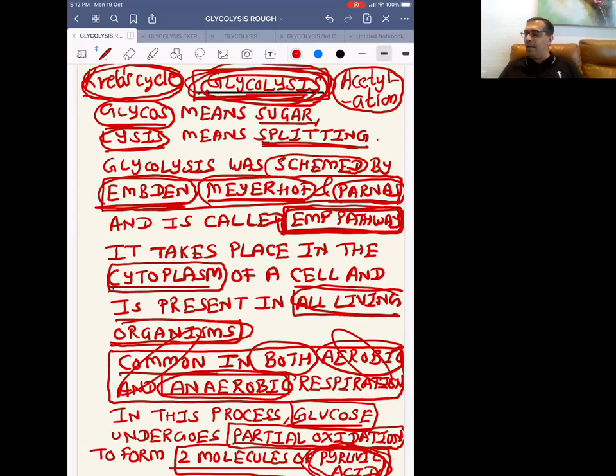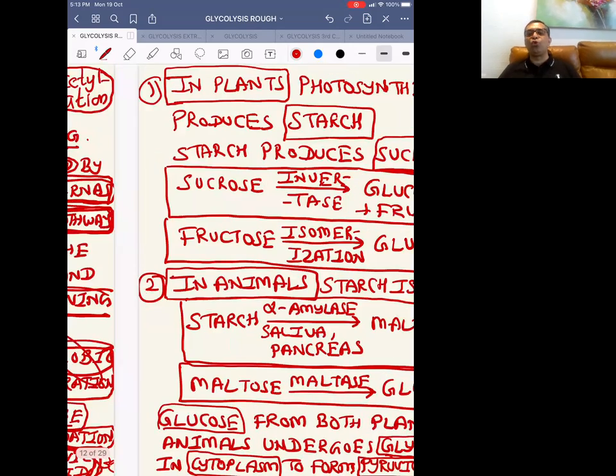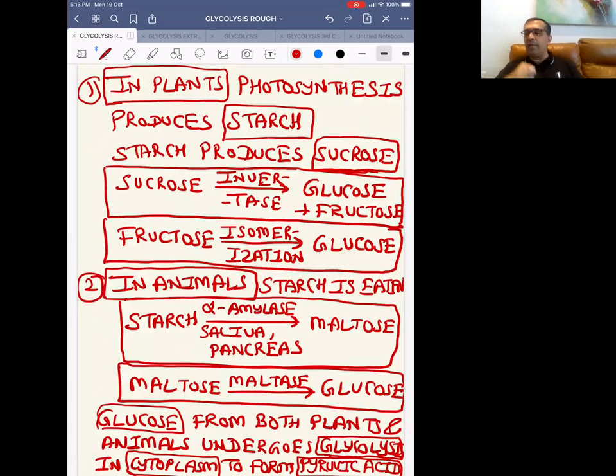तो pyruvic acid बनता है. How many carbon in pyruvic acid? 3 carbon. Pyruvic acid में कितने कार्बन है? Pyruvic acid is a 3 carbon compound. And how will this process actually take place? ध्यान से सुनिएगा. In plants, photosynthesis produces starch.